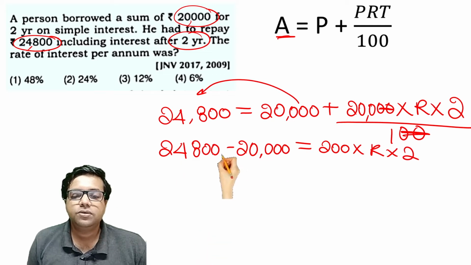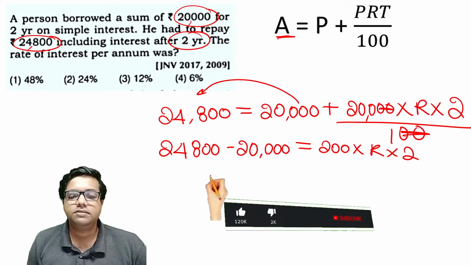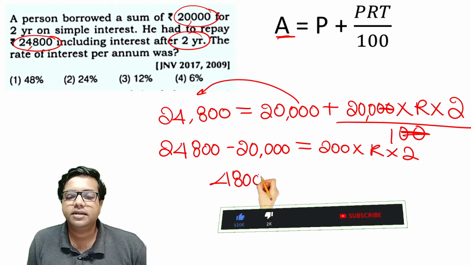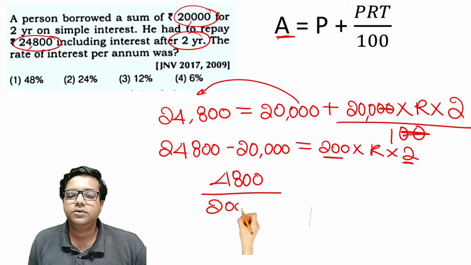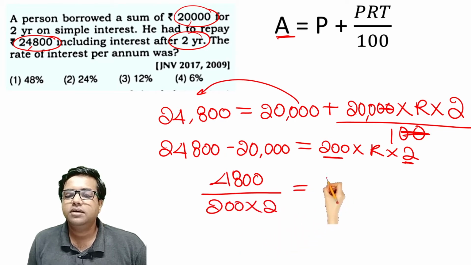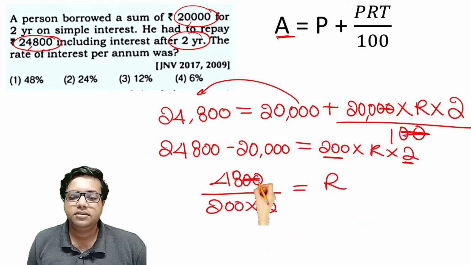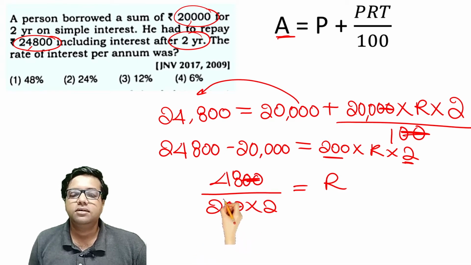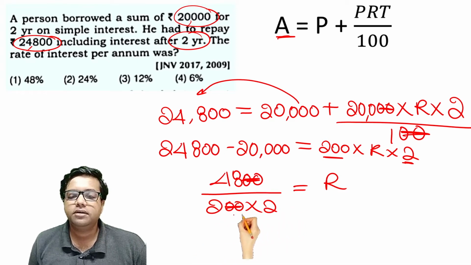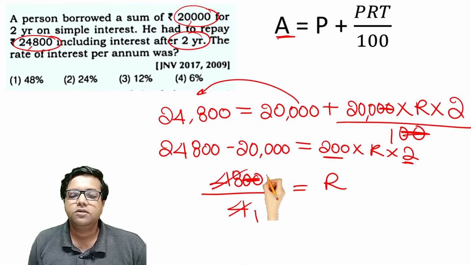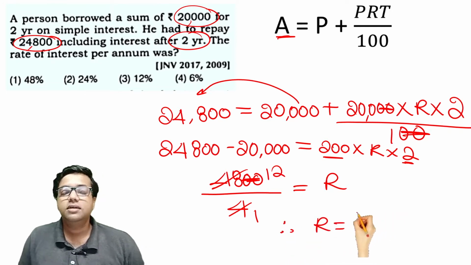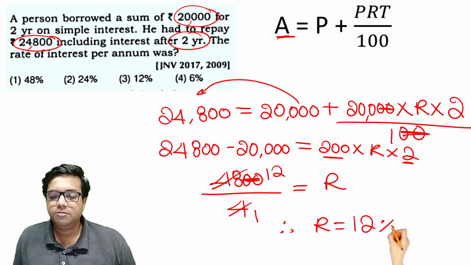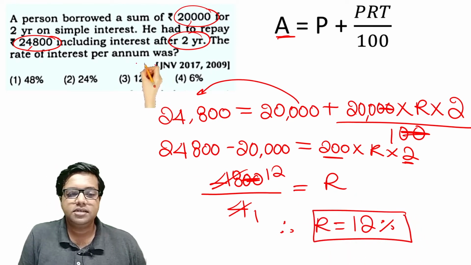So 24,800 minus 20,000 is 4,800, divided by 200 into 2, is equal to R, the rate of interest. These two zeros get cancelled. 2 twos are 4 in the denominator. 4 ones are 4, 4 twelves are 48. Therefore the rate of interest is equal to 12%.